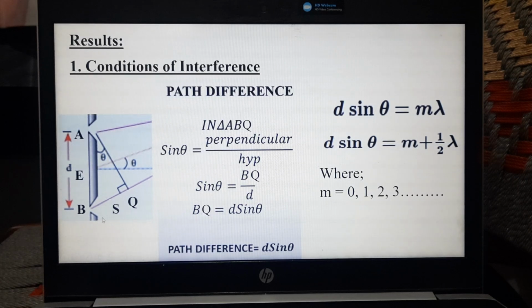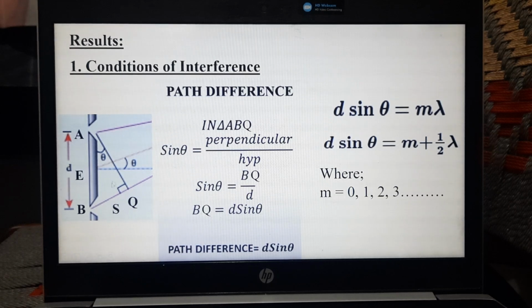Now, I consider a small part of that diagram, which is composed of slit A, slit B, the path difference S, and the distance between the two slits, that is d.